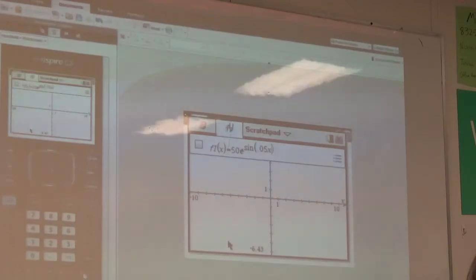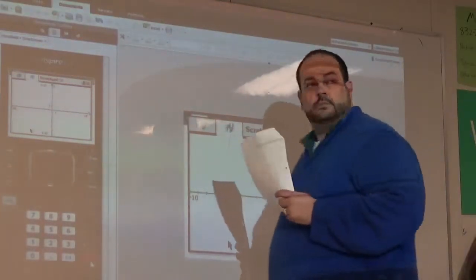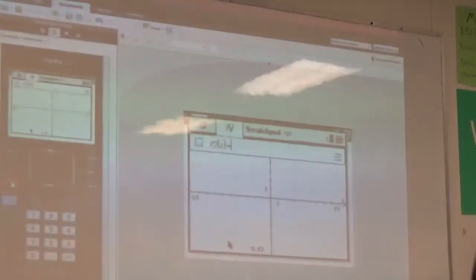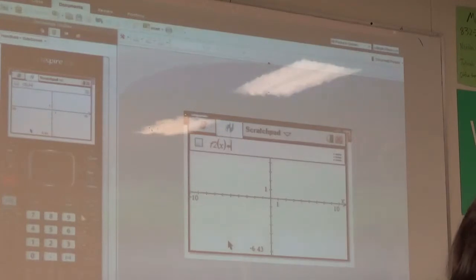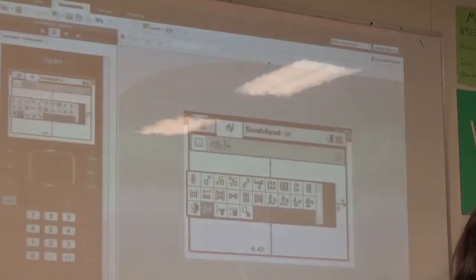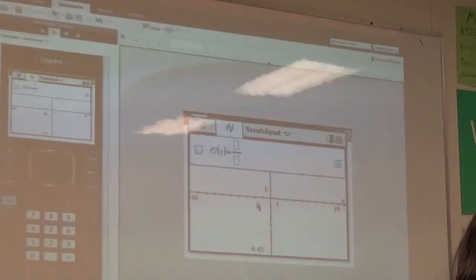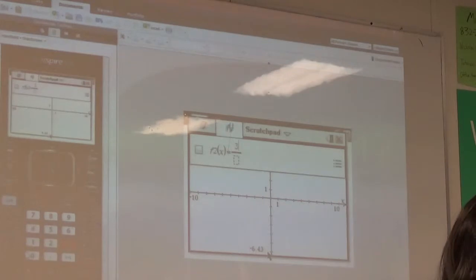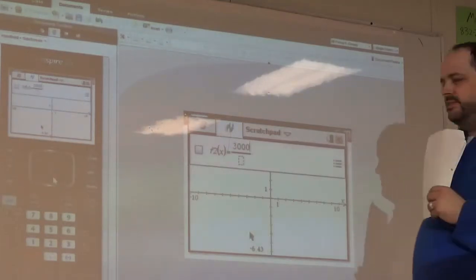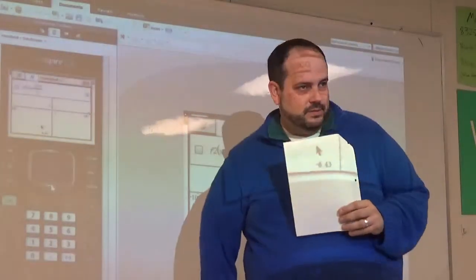Remember, answers always need to be accurate to 3 decimal places, unless for some reason the problem says something else.